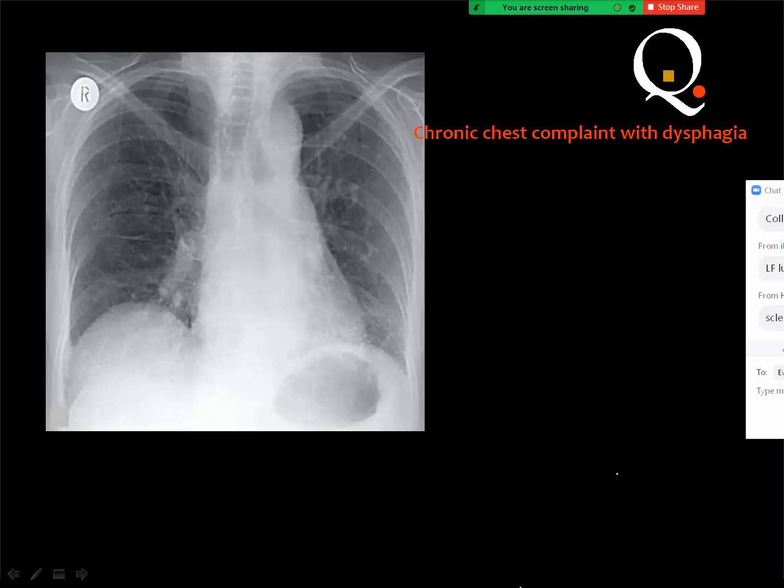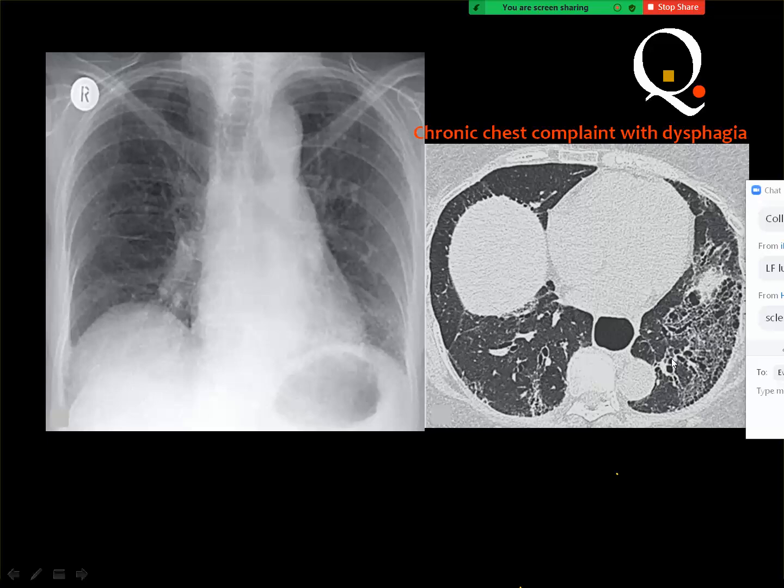Yes. How can you, and Hoda, how can you predict that this is scleroderma from the plain film? The answer is right, but for me, it's very difficult to suspect the possibility of scleroderma from the plain film, even if the patient had dysphagia.